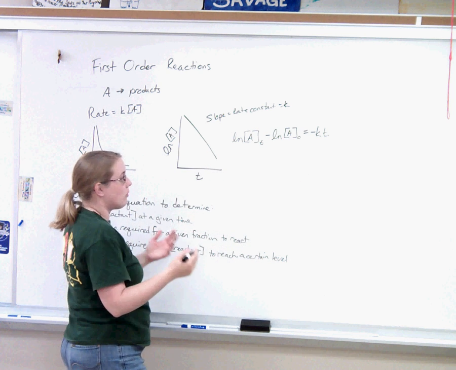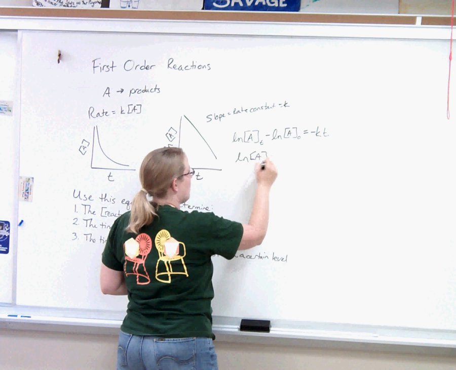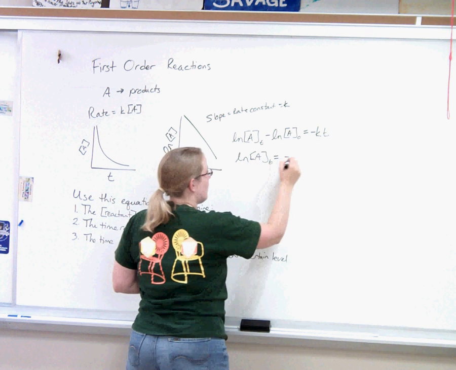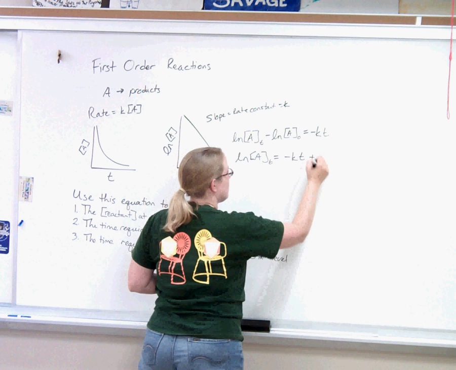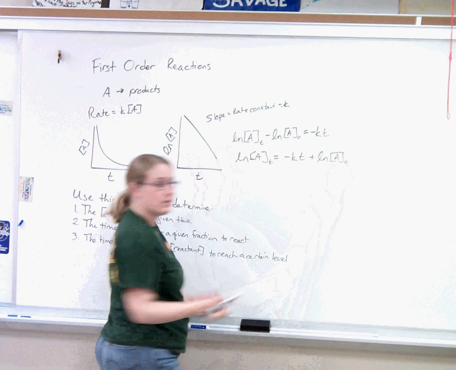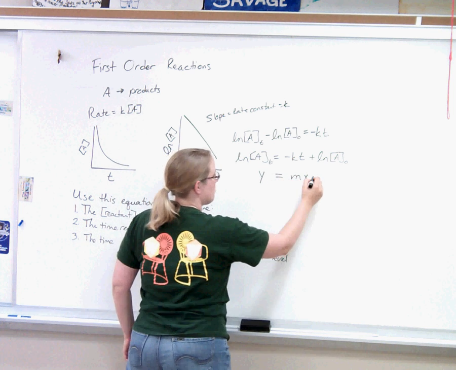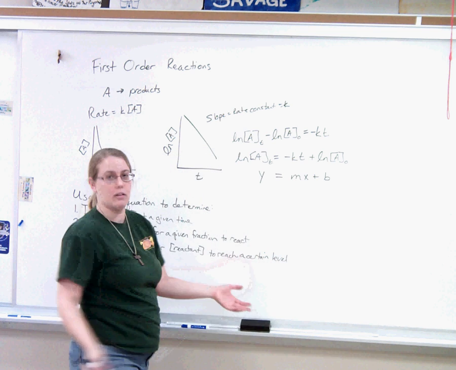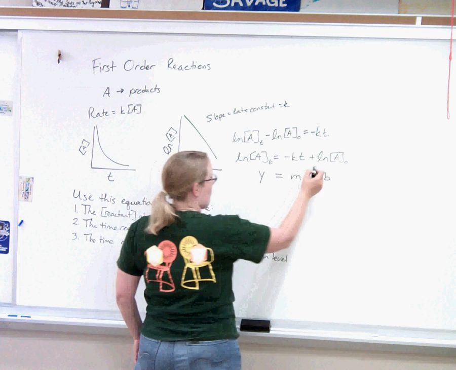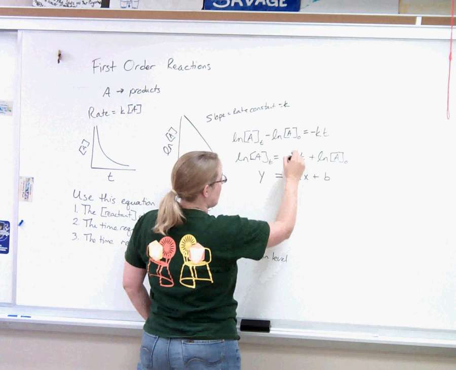And to prove that, if we just rearrange this, the natural log of A equals negative kt plus the natural log of A0. This is y equals mx plus b, the equation for a line. So this is our y-intercept, and this is our slope.